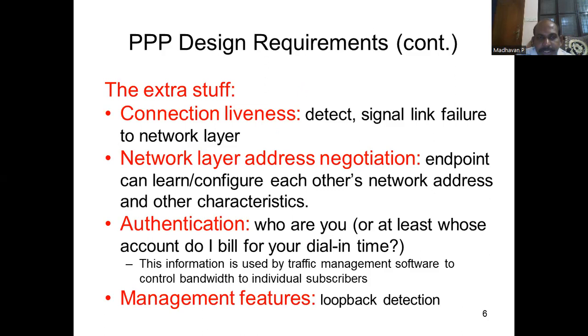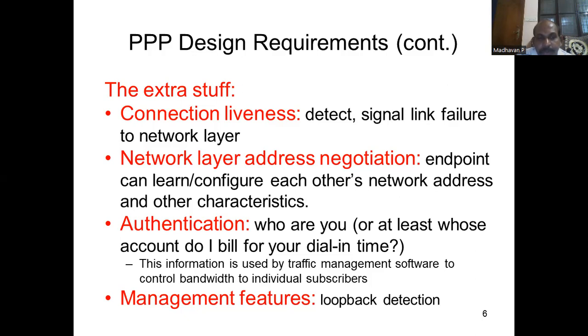The extra feature of this triple P is connection liveness. The setup is always able to detect any kind of faultiness or network failure and identify it. We also have support for automatic address negotiation, automatic configuration and deconfiguration, and the ability to learn networking parameters and detect what is happening in and around the networks.